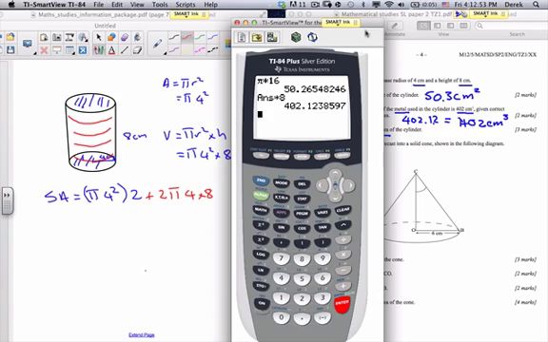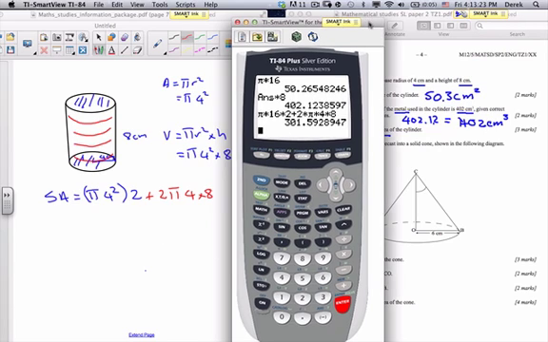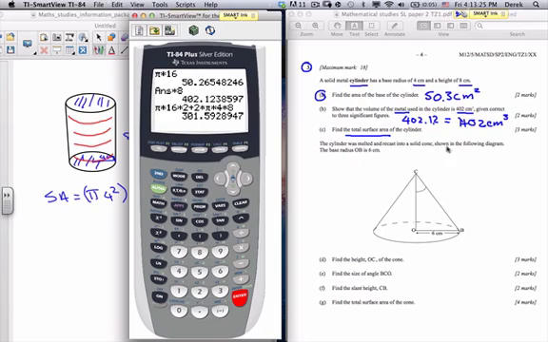So let's put that all into our calculators. We can do this again. So we're going to have second function pi times 4 squared, which is 16, times 2 plus 2 times pi times 4 times 8, enter, and we get 301.59. Now again, let's do this to 3 significant figures.